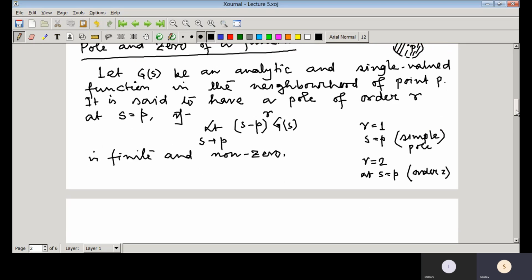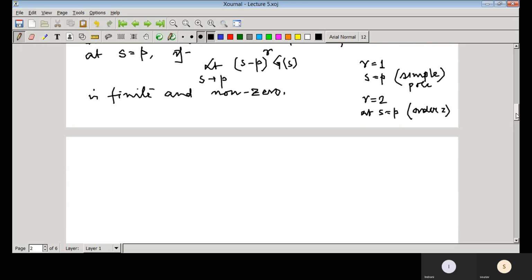So let us see one example. Suppose you have G(s), and this is a rational function.